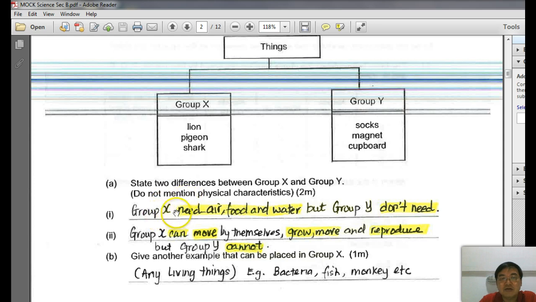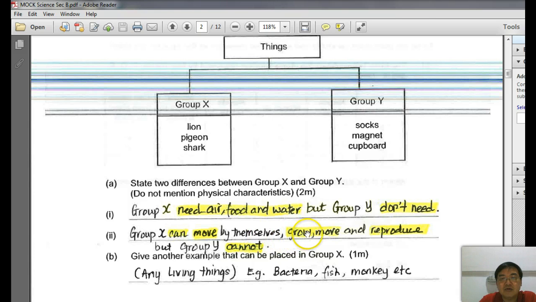So group X need air, food and water, but group Y do not need them. Okay, once you talk about differences, you have to talk about X, then you talk about Y. Next over here, group X can move by themselves.